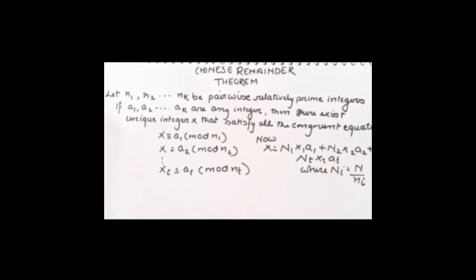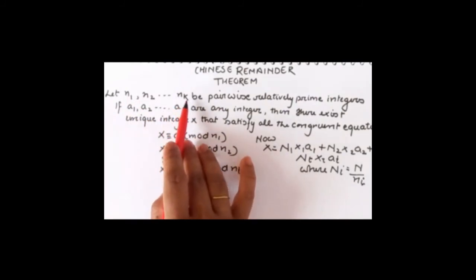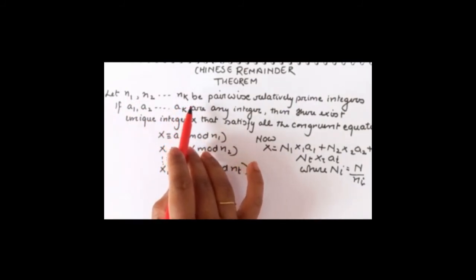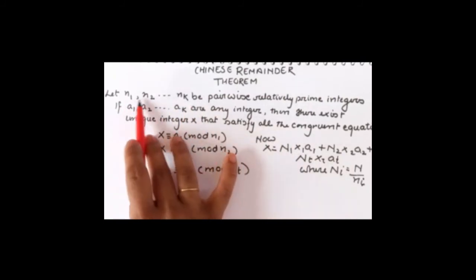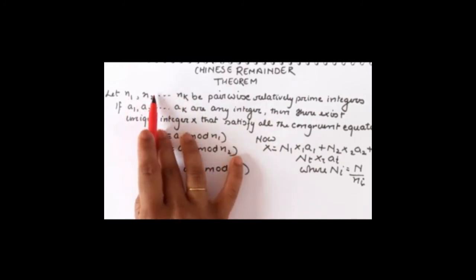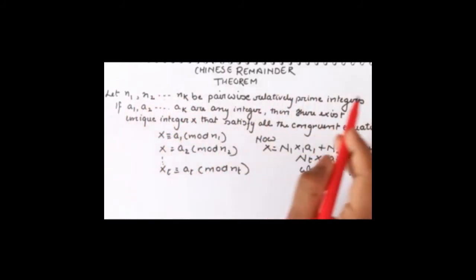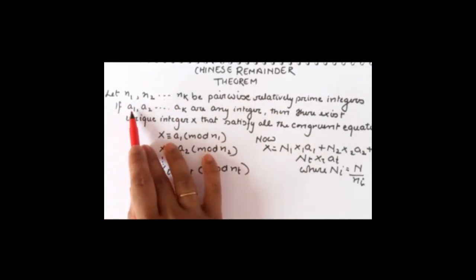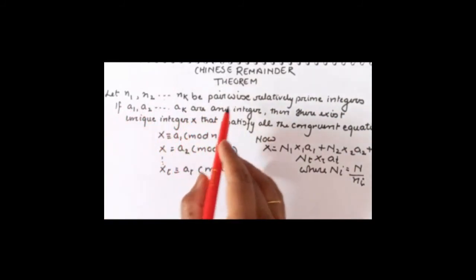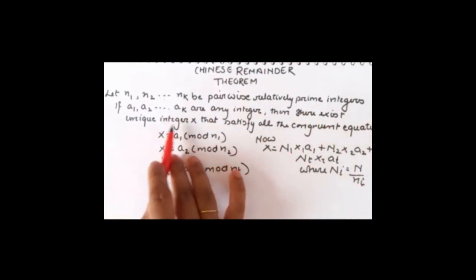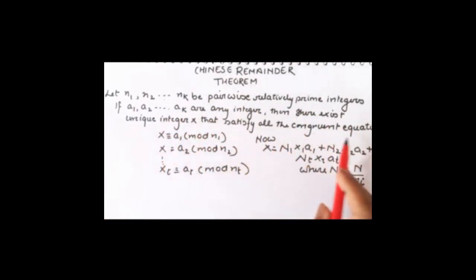Now, what does the Chinese remainder theorem state? It says that if there are numbers n1, n2 up till nk, which are pairwise relatively prime integers, and if there are numbers a1, a2 up till ak, then there exists a unique integer x that satisfies all the congruent equations.